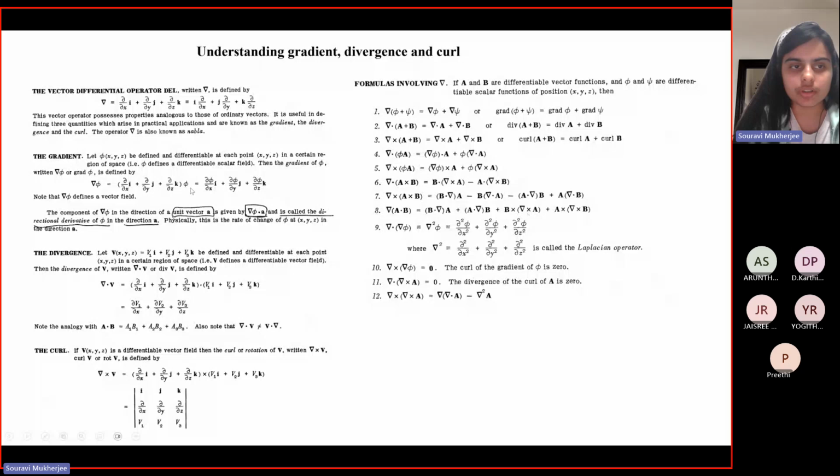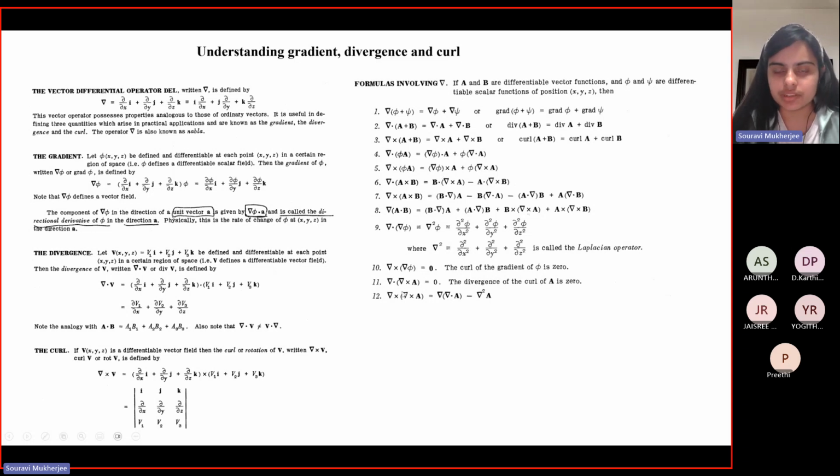It gives the direction of the fastest change of the scalar quantity. Then you have divergence: if you have a vector field, you characterize the field in terms of the divergence or the curl. This is how the divergence looks, this is how the curl looks, and these are some of the important formulas regarding vector calculus.